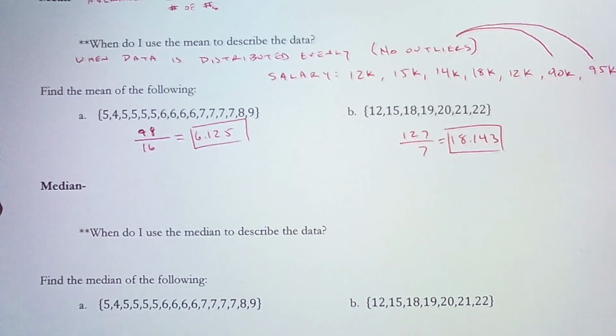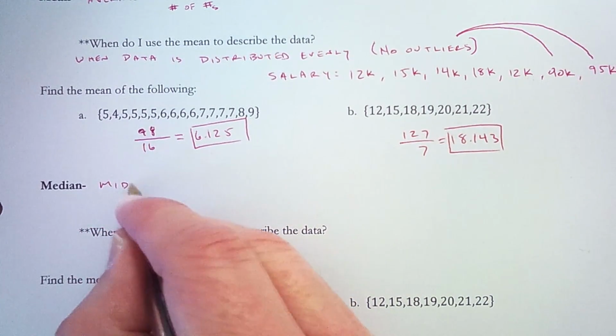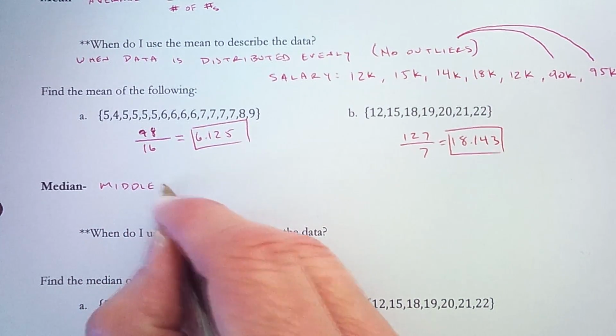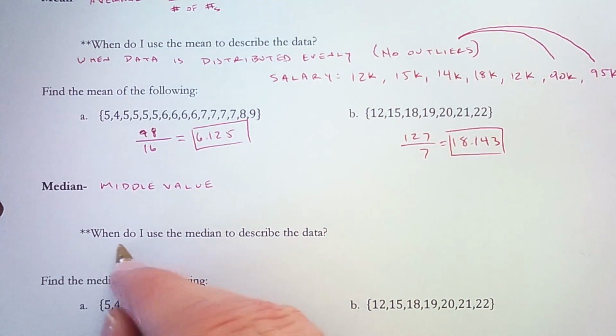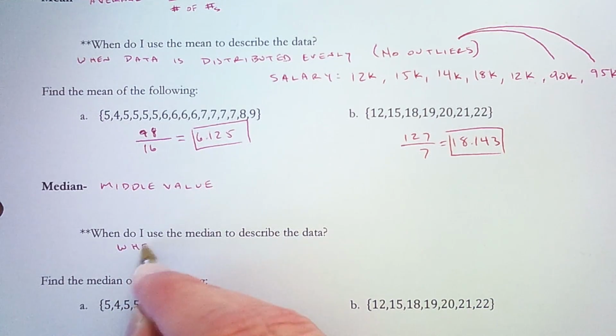Next is the median. The median is the middle value. When do you use the median? You use that when there are outliers that would skew the mean.